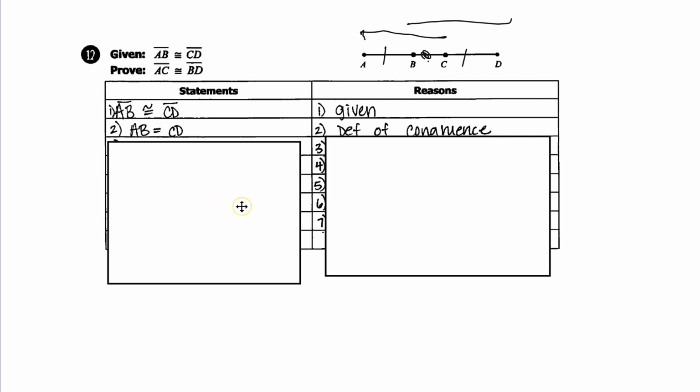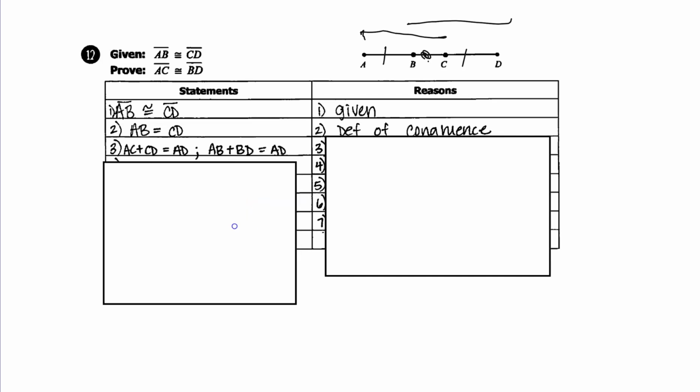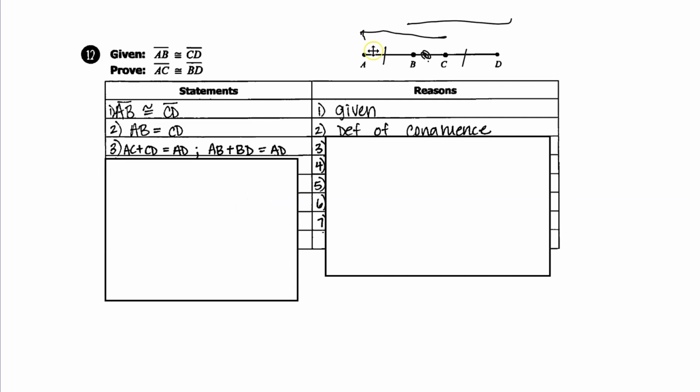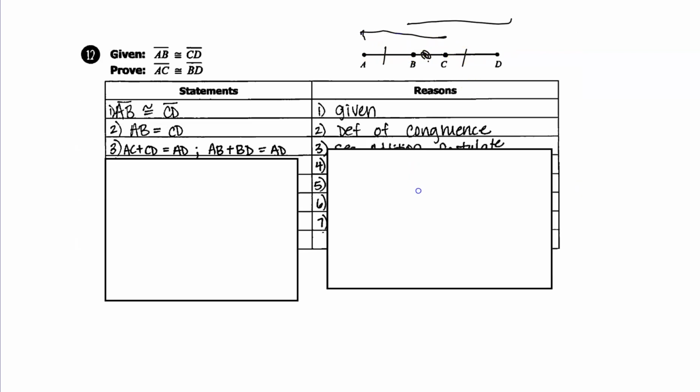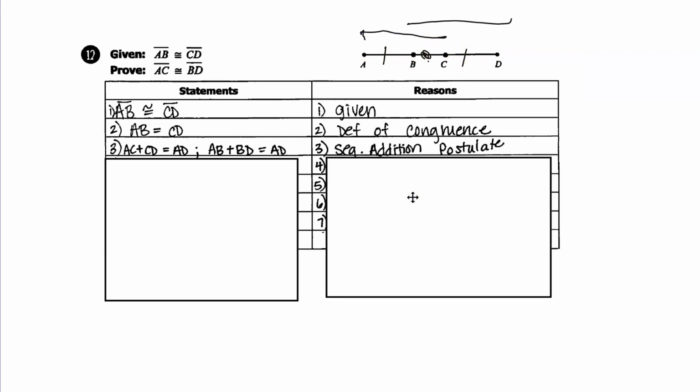Next thing we're going to do is we're going to say that AB plus AC plus CD equals AD. Right? We're saying that all of this plus this equals the whole line. And then AB plus BD equals the whole line. So two ways of saying that when we add all these things together, they equal the whole line of AD, which is the segment addition postulate.